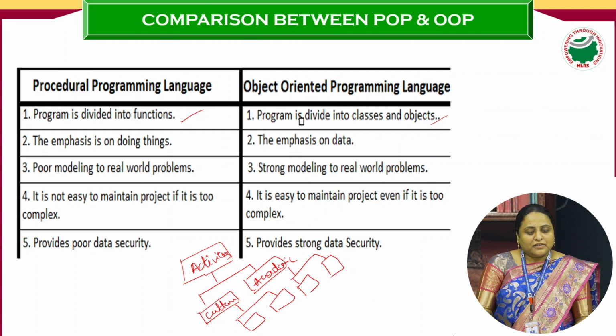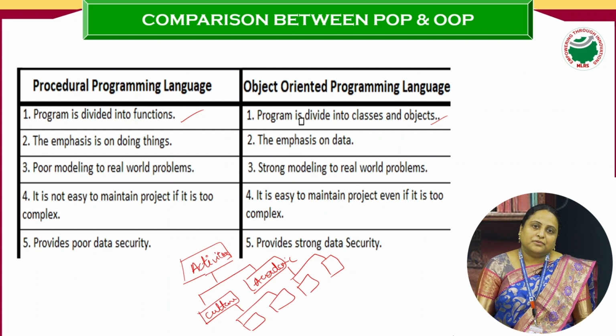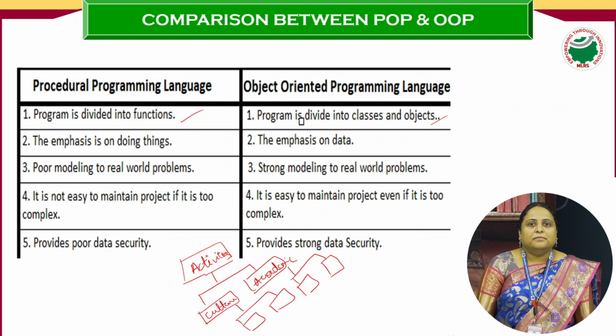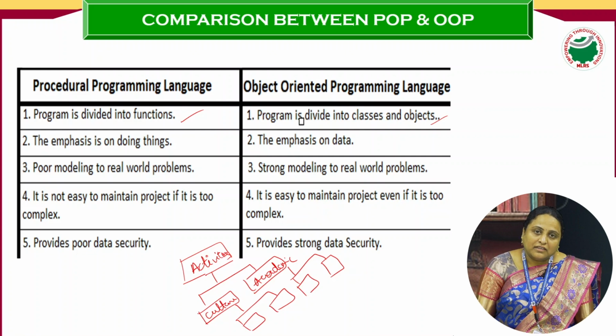And next, the problem with procedural oriented programming is poor modeling of real world problems. Coming to real world problems, for example, take a programming language like C. C is used for developing operating systems or compilers, and it is mainly related to system programming. But when it comes to real-time problems, like when you want to develop a real-time application or a mobile application, whatever it may be, C may not be useful for all different types of applications, because an application needs many things to be involved, like security or data integration.